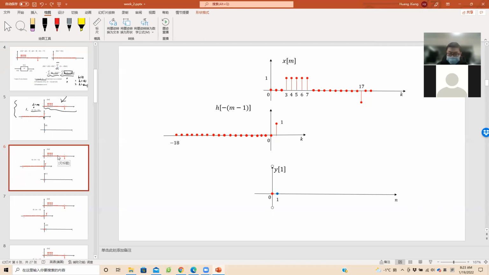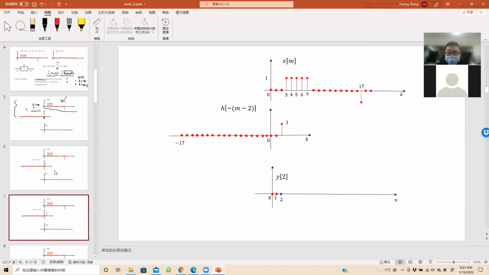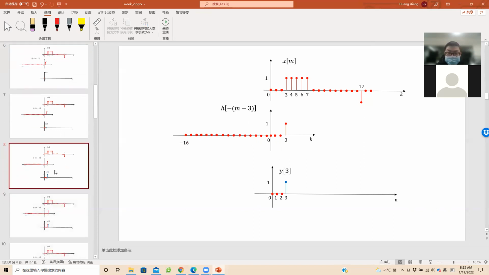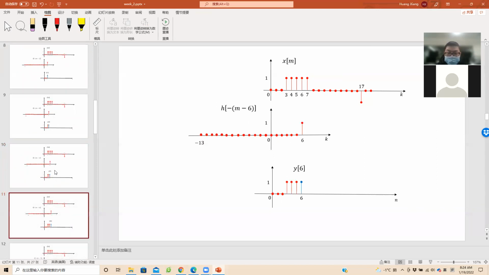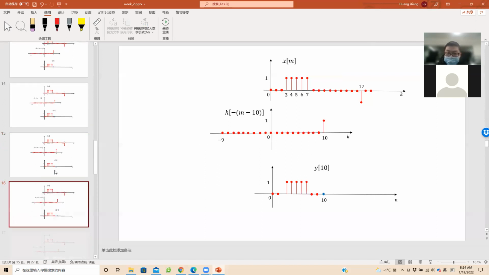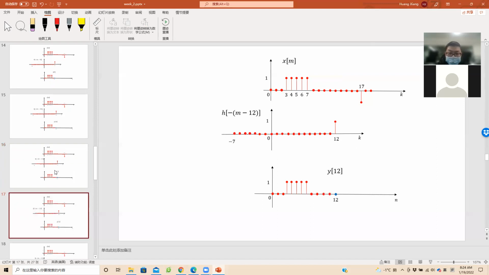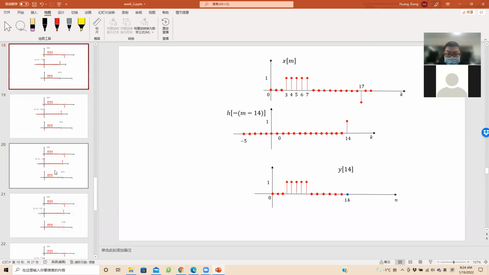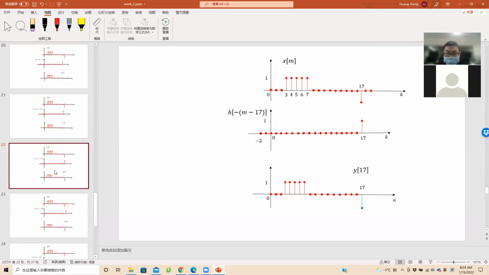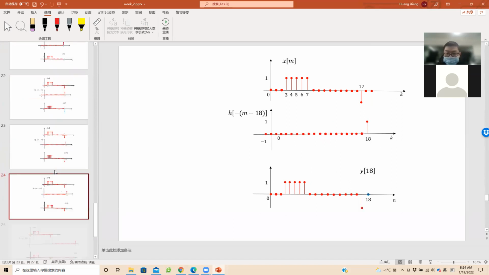Then shift by 2, 3, 4, 5, 6, 7, 8, 9, 10, 11, 12, 13, 14, 15, 16, 17, 18, 19.